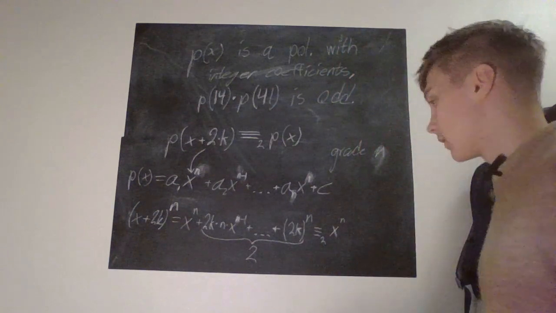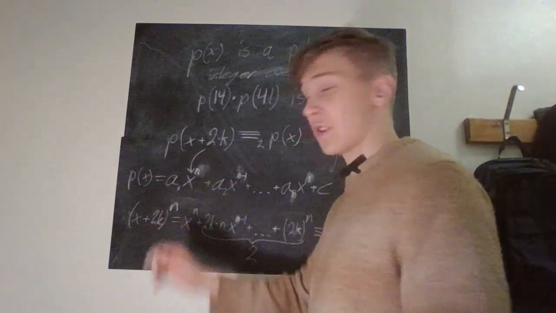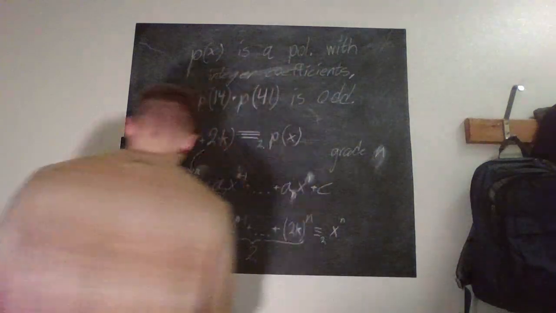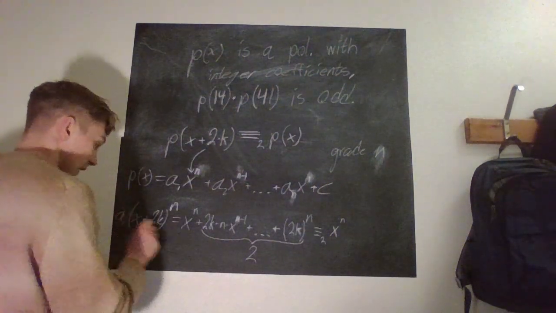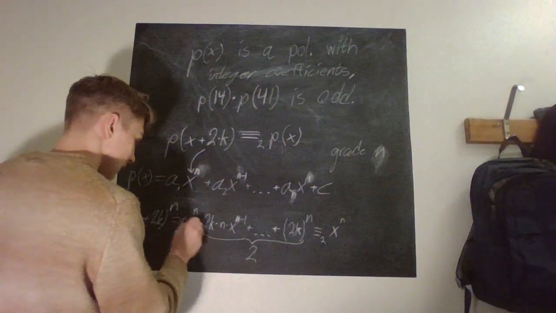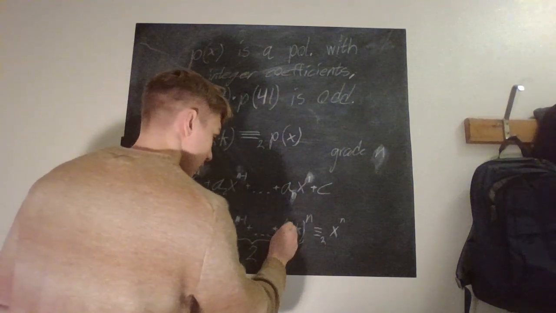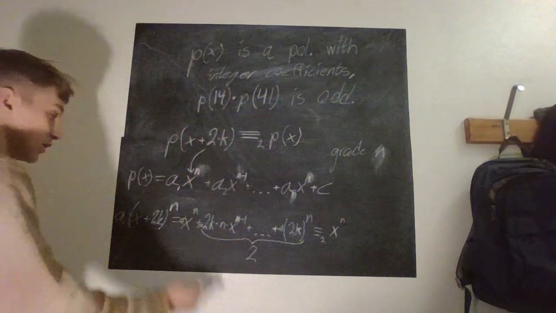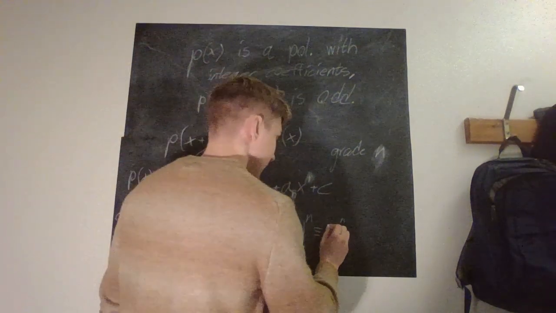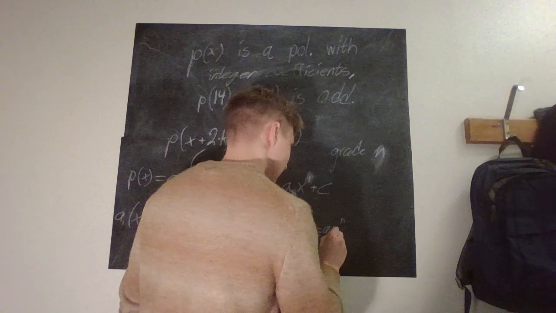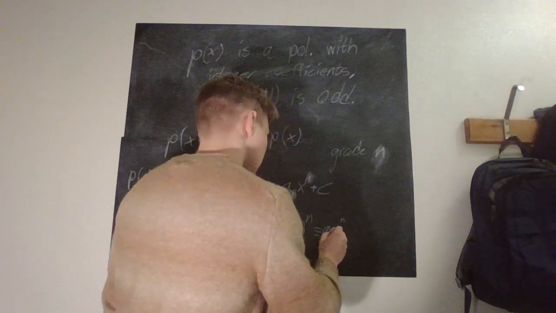And now if we put a factor in front here, it still doesn't matter. We get a1 in front of each term, and it just multiplies everywhere, and it doesn't change anything at all.